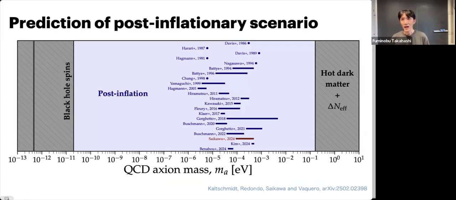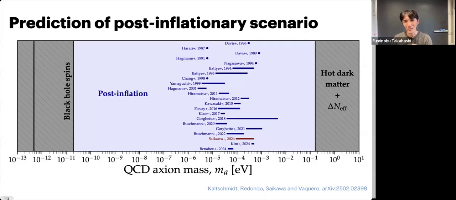And here I summarize the current situation of the predicted axion mass. As you can see, in the very old days there was large uncertainty, and as time goes on, the uncertainty sometimes becomes bigger. But if you look at the most recent ones, the uncertainty shrinks a bit.